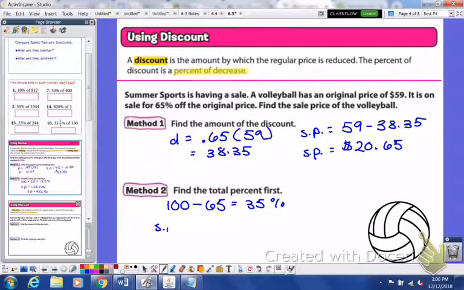So my selling price would be 35%, 0.35, times the original, so 0.35 times 59, again, gives us a final cost of $20.65. Okay, so you will see me use both of these methods. You choose the method that works best for you.